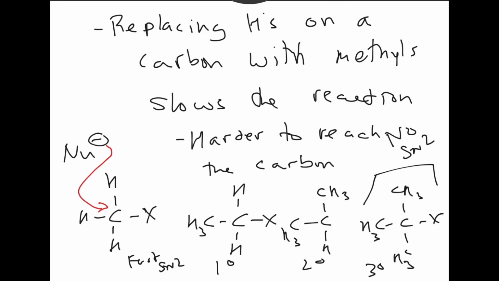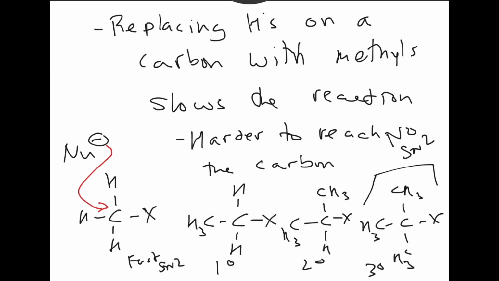So we go from methyl, which is the fastest. Then we go to primary. We add 1 extra carbon. It's harder to get to the carbon that has the leaving group on it because there's a bigger group there. Then we go secondary. Now there's 2 larger groups. It's harder still to get your nucleophile to the carbon that has the halide.